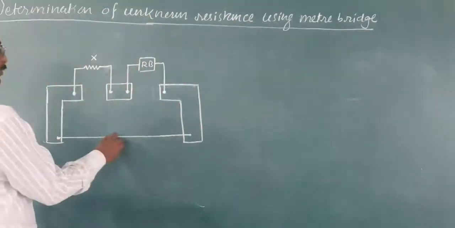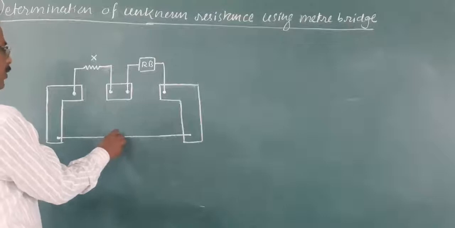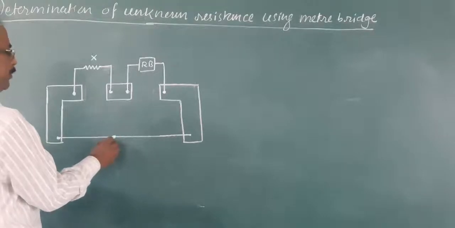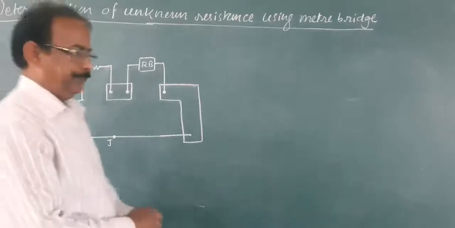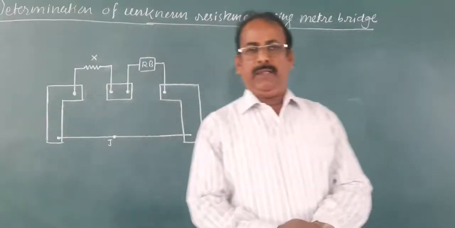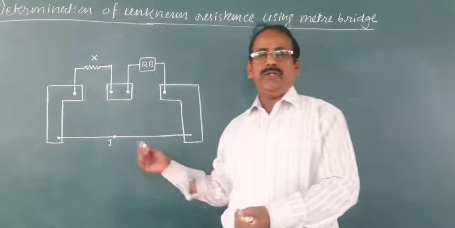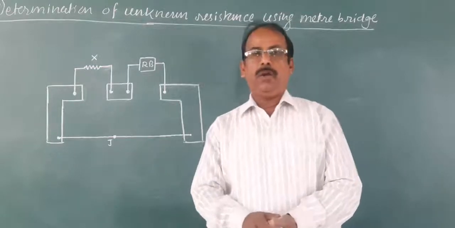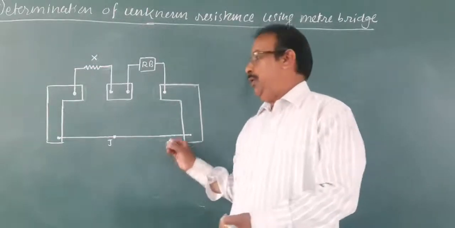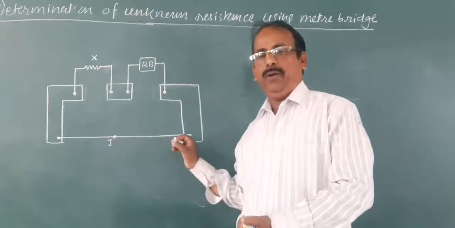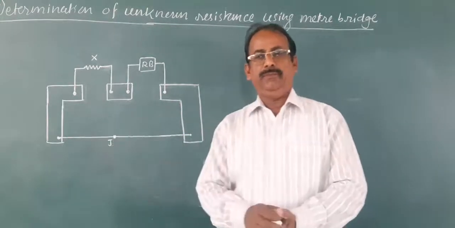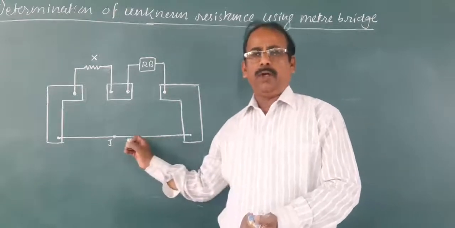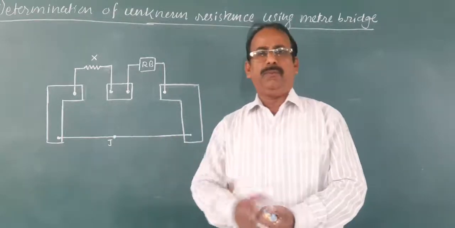On this conducting wire, a special type of key is present called jockey, which is movable. We can move this jockey along this wire. We can make the contact of jockey with different points of the wire.